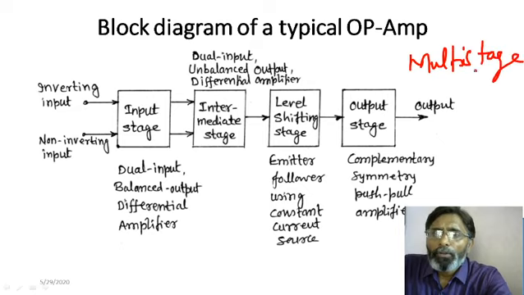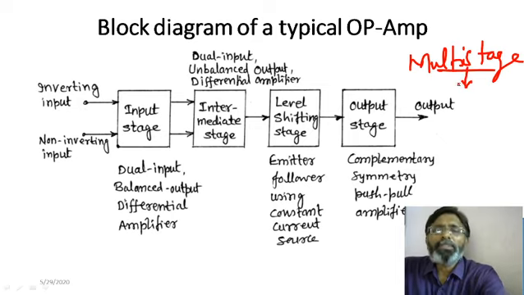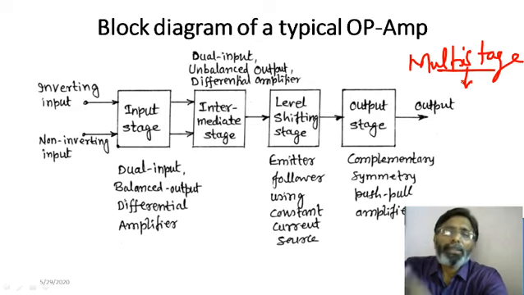That's why an operational amplifier has multiple stages connected with each other. When you go for multiple stages, depending on how you connect the output of one stage to the next stage, there are different ways of coupling, and in an operational amplifier we use direct coupling. So that's why it is a very high gain direct coupled amplifier.